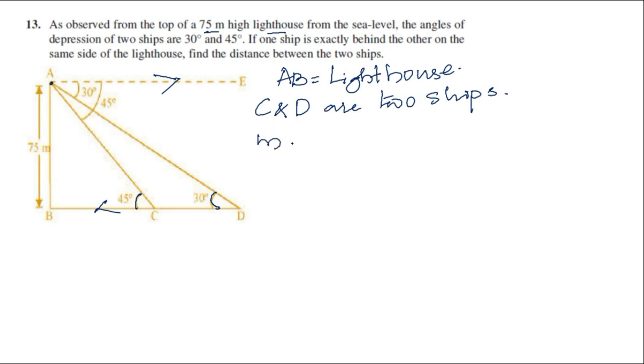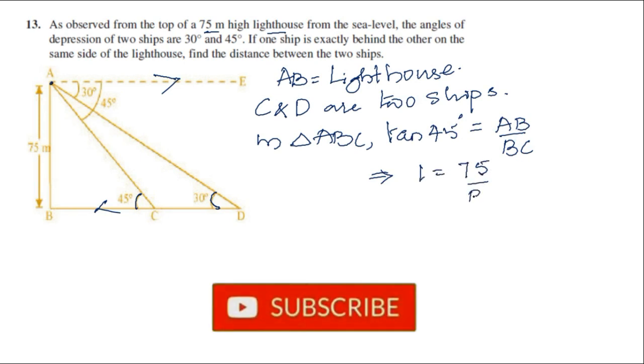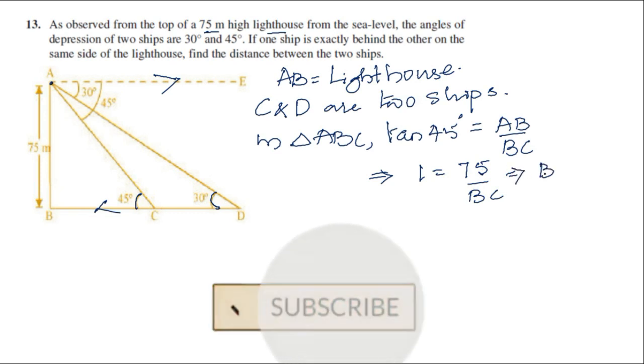In triangle ABC, we observe tan of 45 degrees is AB upon BC. Tan 45 is 1, AB is 75, so BC becomes equal to 75 meters.